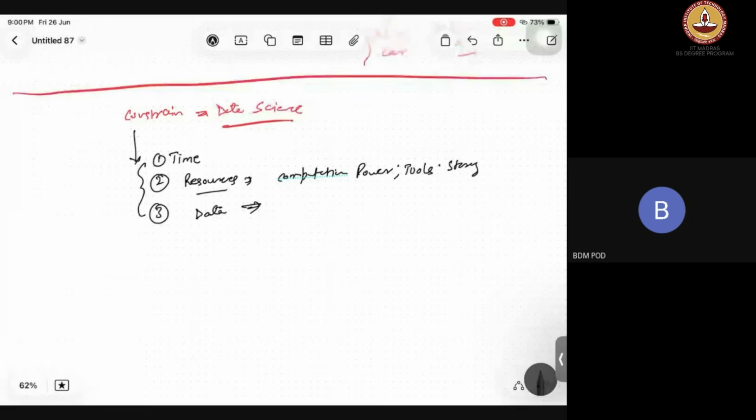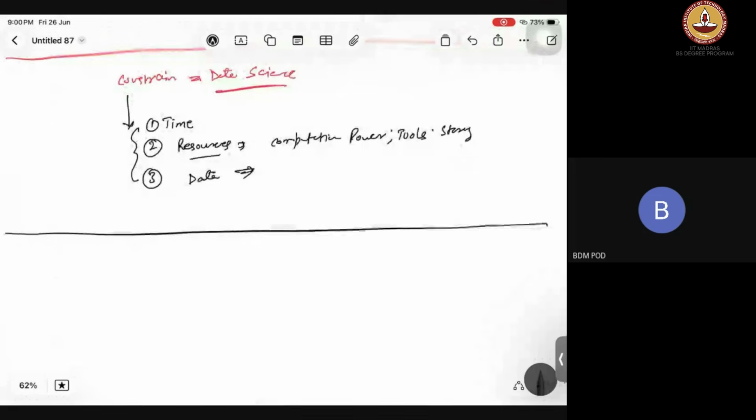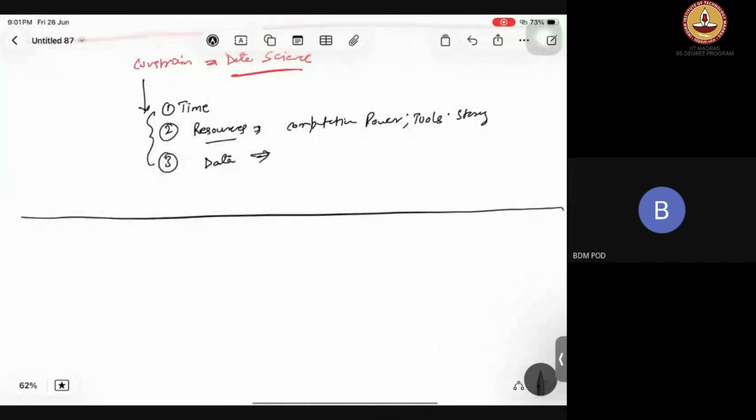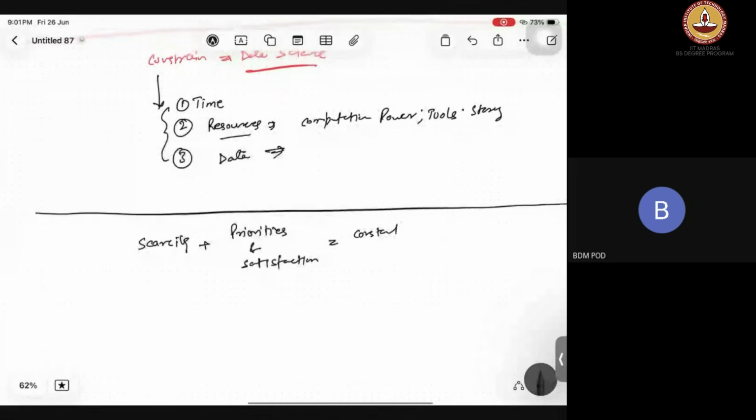Now, mathematically, we will try to understand the meaning of the trade-off which we witness in opportunity cost. Why are we doing a trade-off? Basically, scarcity plus your priorities and satisfaction will give you a trade-off.